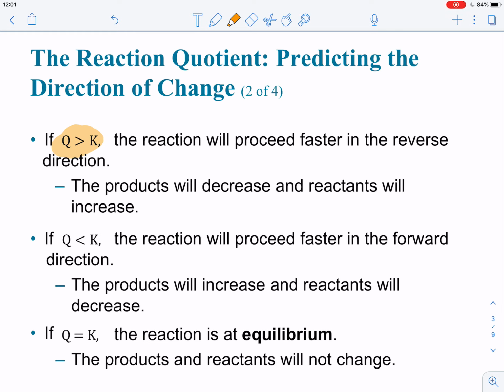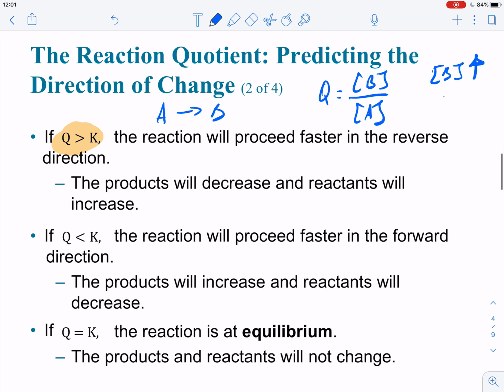Let's use a simple reaction here. Let's say we have A goes to B. Therefore, Q is B over A. Okay? So if Q is larger than K, that means either B is too large or A is too small. So you either have to decrease B or increase A, or both at the same time.